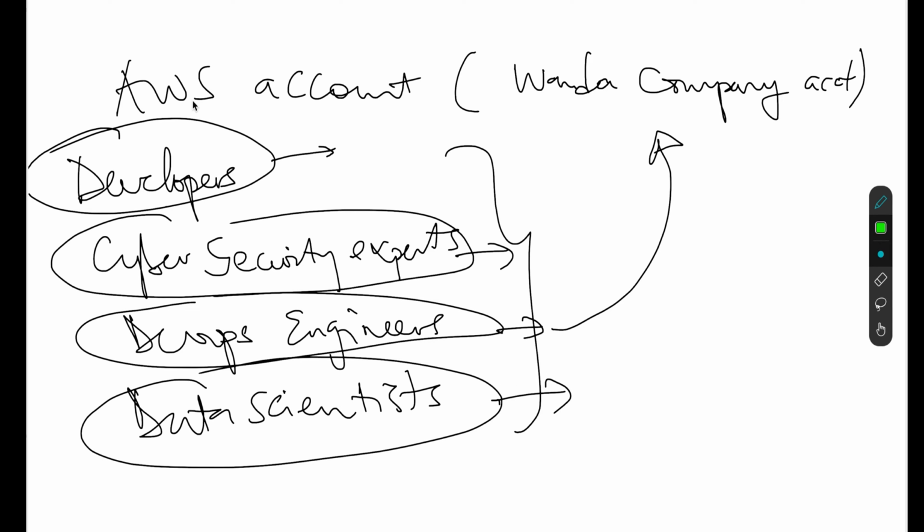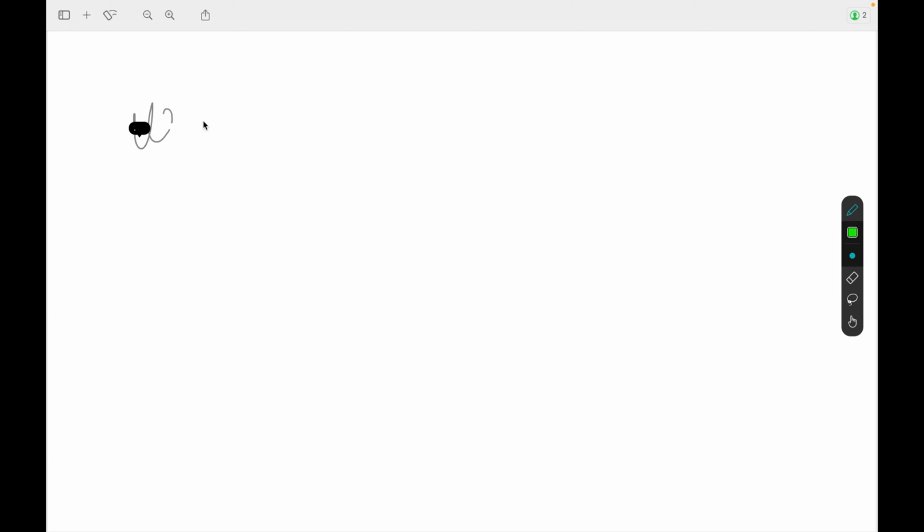Now, how do these developers, cybersecurity experts, DevOps engineers, data scientists have access to your AWS account? This means that we are looking at which users have access to what service on AWS.